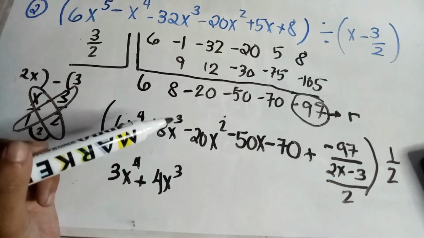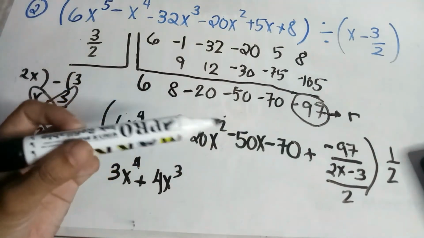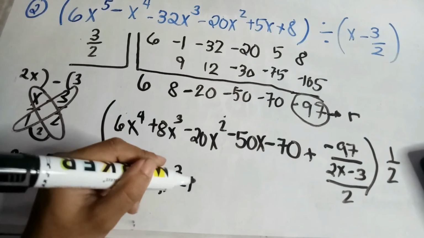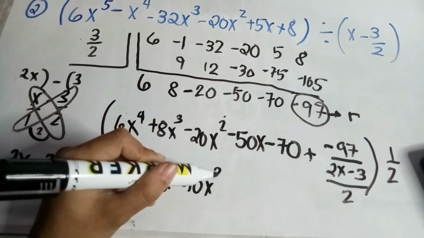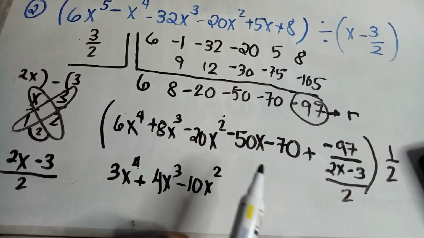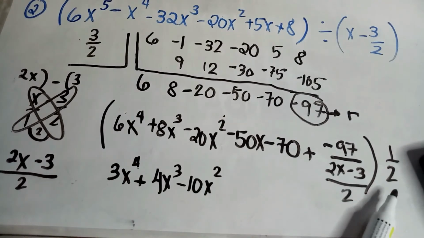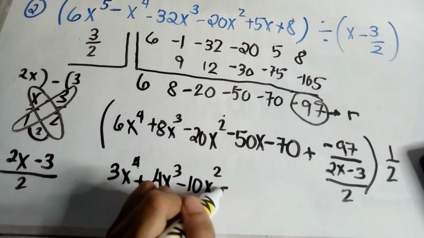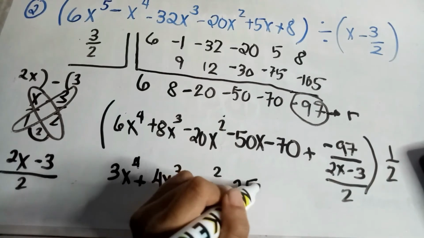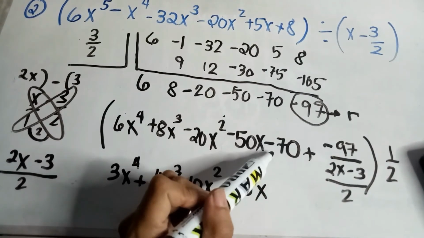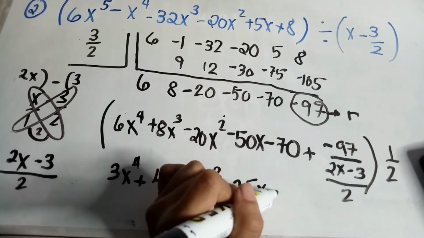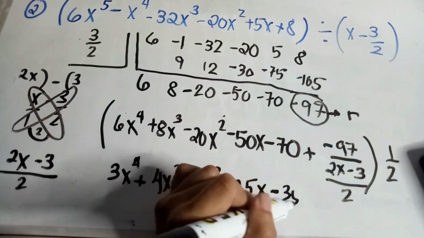Negative 20 divided by 2, that is negative 10x squared. Then negative 50 divided by 2, that is negative 25x. Then negative 70 divided by 2, that is negative 35.